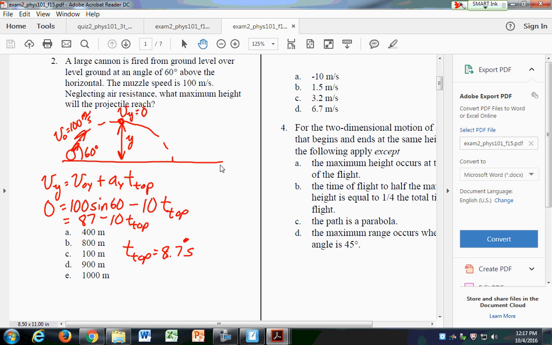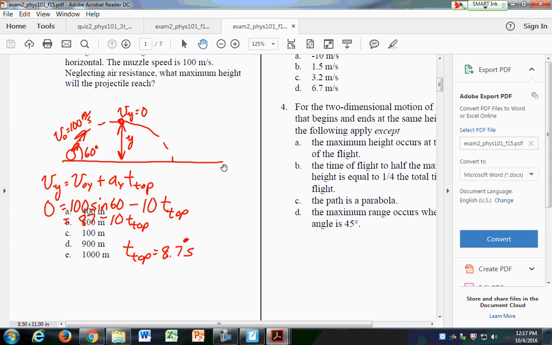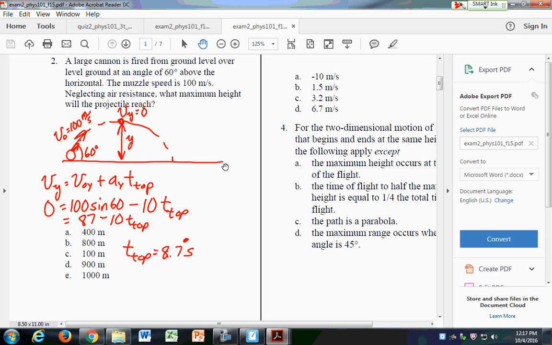And then if I have the time and I want to know the height, I can do it in this way. I can say the height, y, is v naught y t plus 1/2 a_y t squared. Now that I know the time, I can find the position. And I know everything in this. I know v naught y.